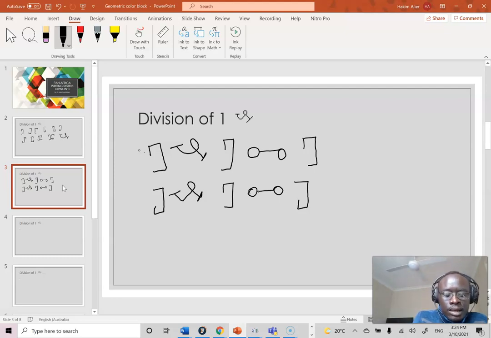So 3 is this way, like this, and you say divided by, like that. So 3 divided by what? 3 divided by 1 will give me number 3, which is that. So 1, 2, and 3.